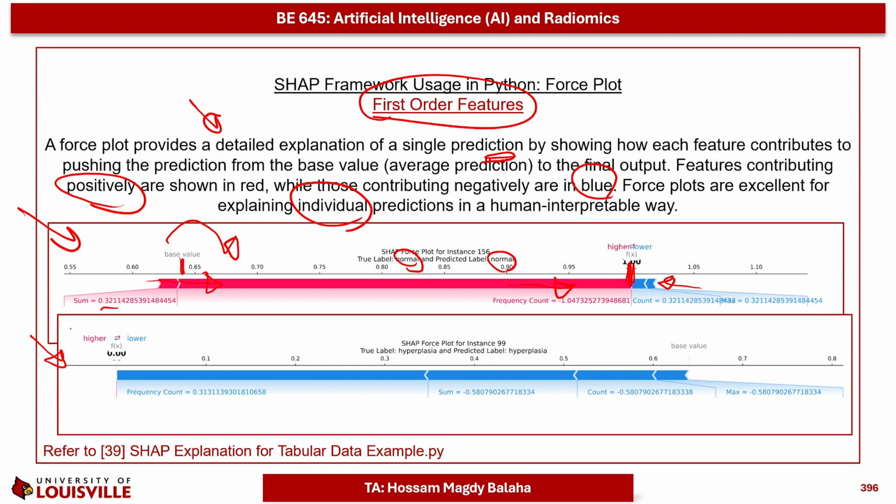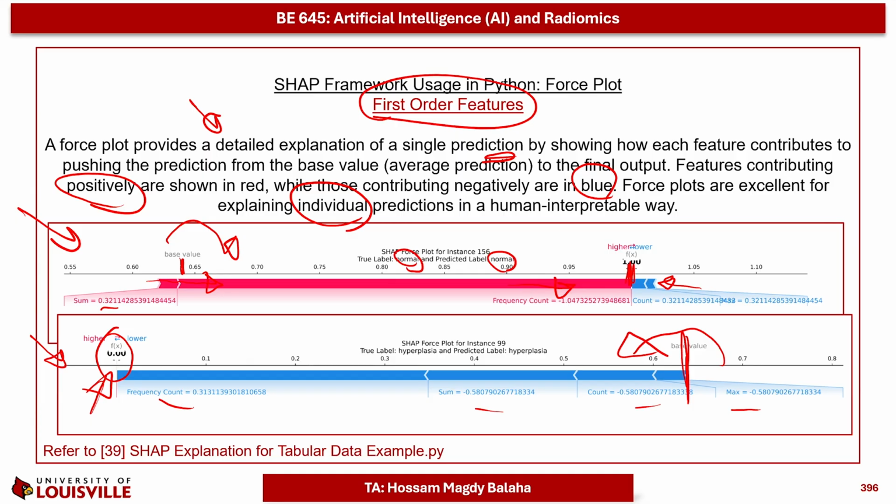Another example: all of the features are pushing towards the negative or the lower range from the base value, so we are behind the base value, so it will be encoded as index 0, which refers to hyperplasia, and these are the different contributions of each feature. By summing all of them, you will reach that value, which is 0.